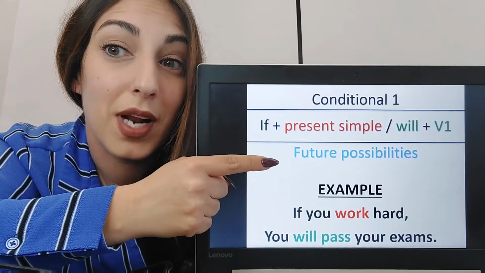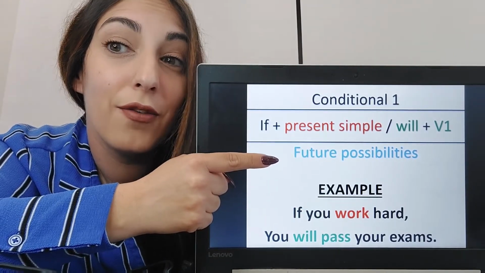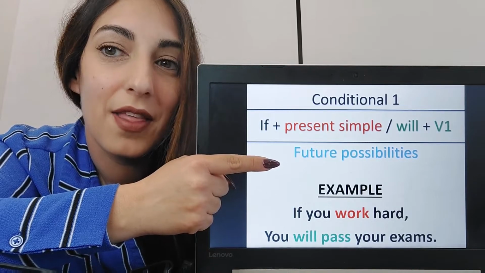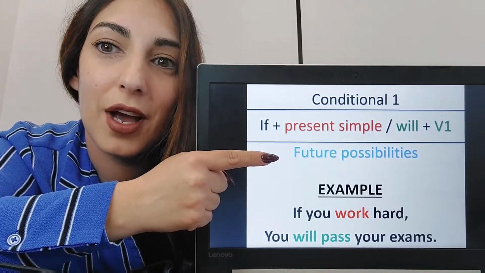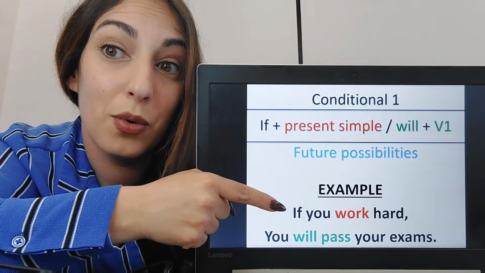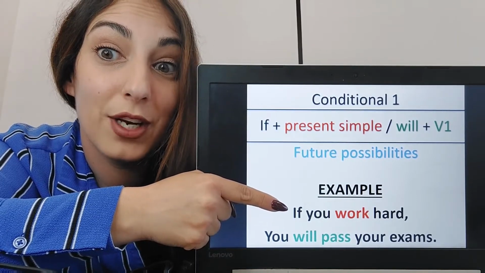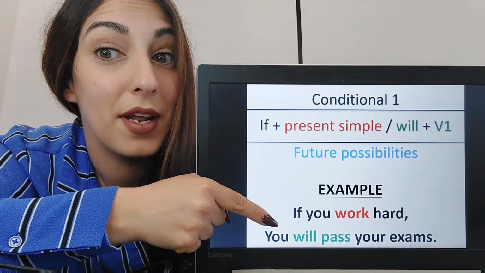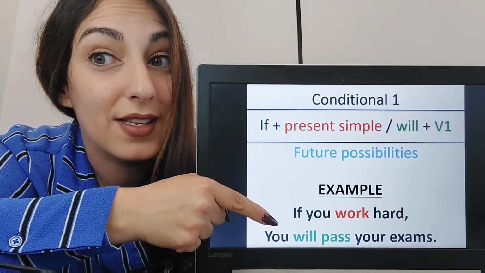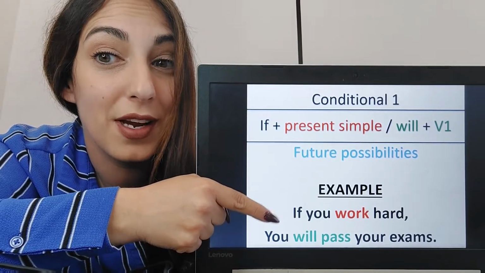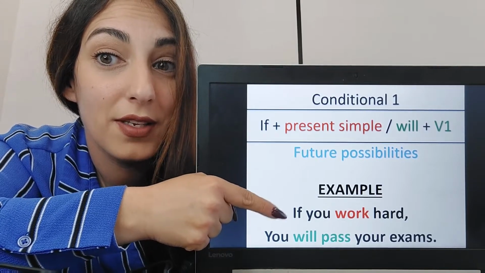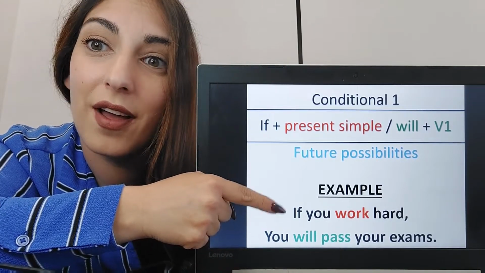Now I use this when I talk about the future, future possibilities, things that might happen in the future. But you can see if you work hard is the hypothetical event, the hypothetical situation, and the hypothetical result, you will pass your exams. So you can see they're connected. So this and this depend on each other.